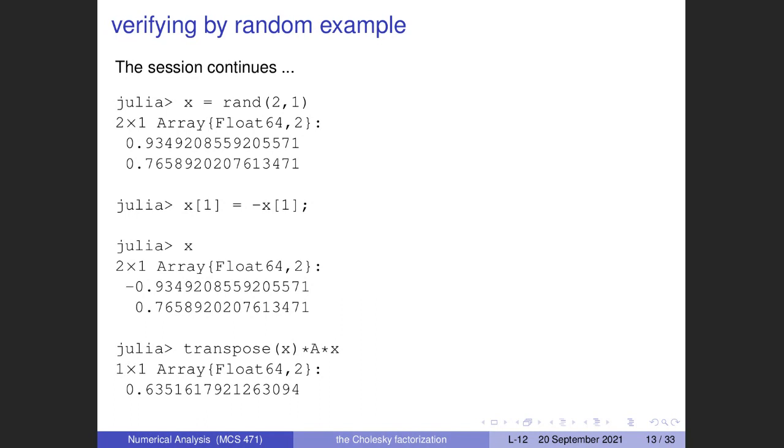So let's make it negative, let's go in the negative direction. But even if you go in that more negative direction, you still have a positive number. So this quadratic form will be everywhere positive.